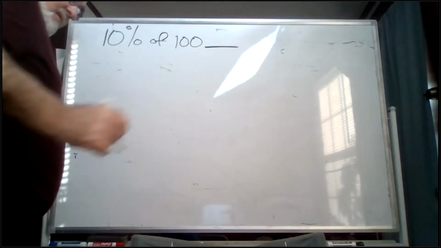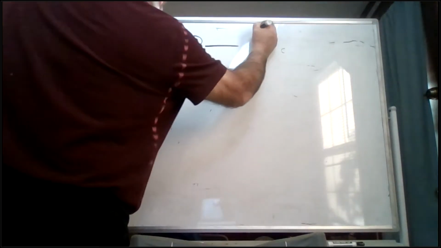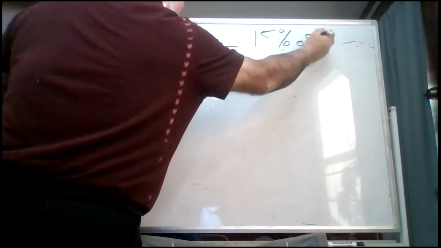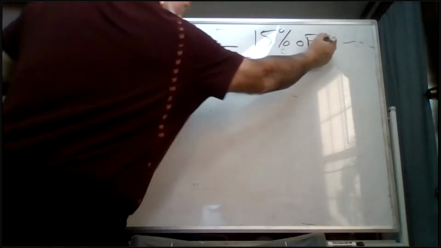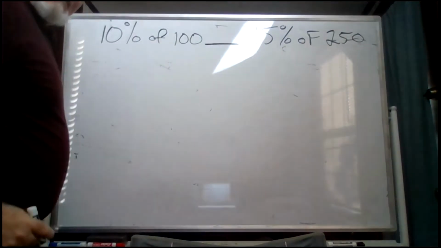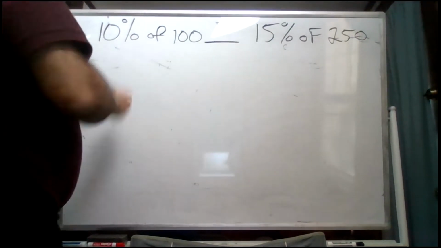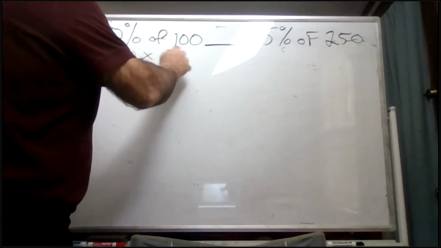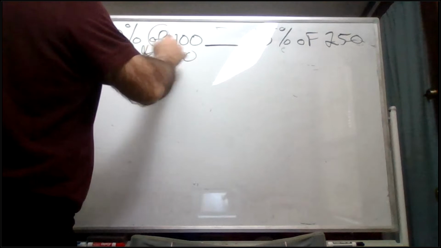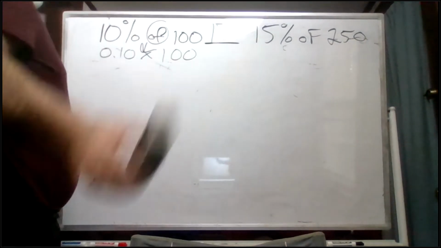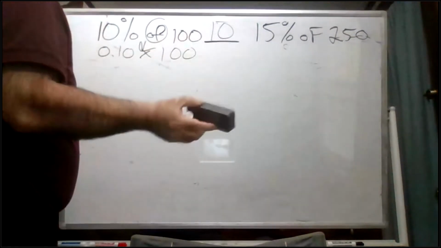Over here, we'll get 15% of what? Of 250. I don't know if this board's too small. Okay, 10% of 100. Make believe the "of" is a multiplication sign, so you get 10.